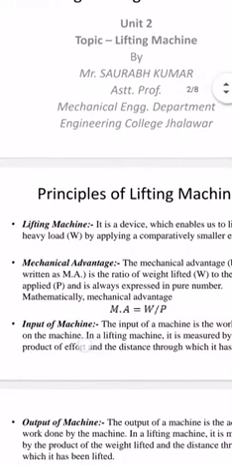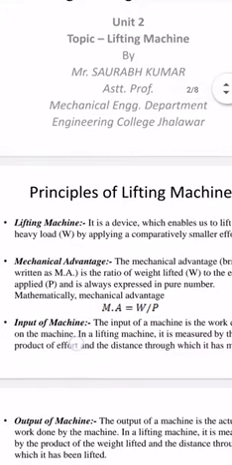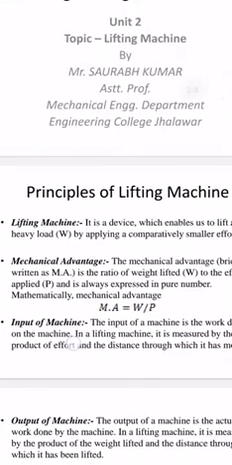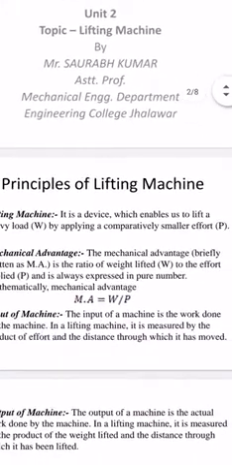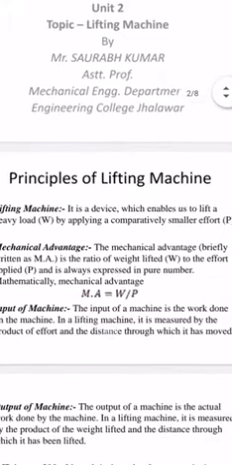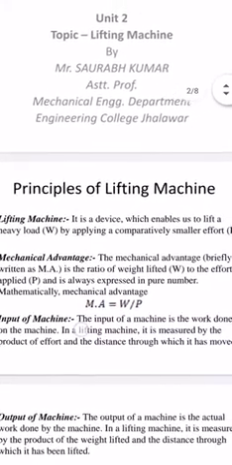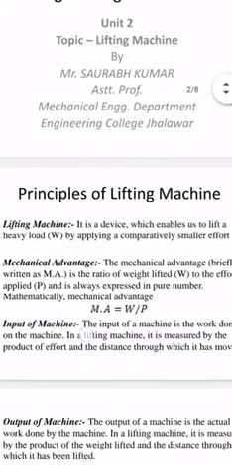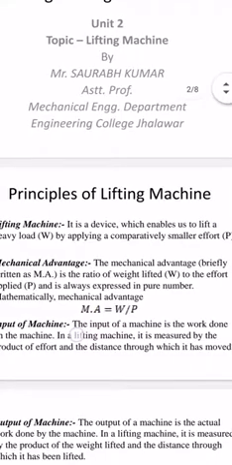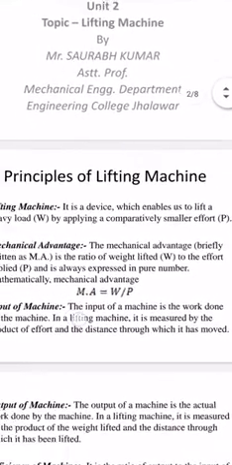It is always expressed as a pure number. So MA is W by P, where W is the weight we want to lift and P is the effort we have to apply for lifting it.